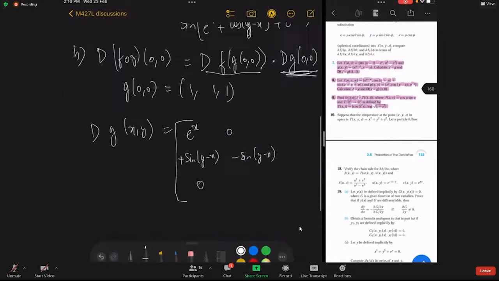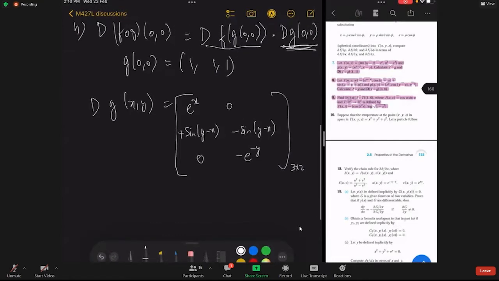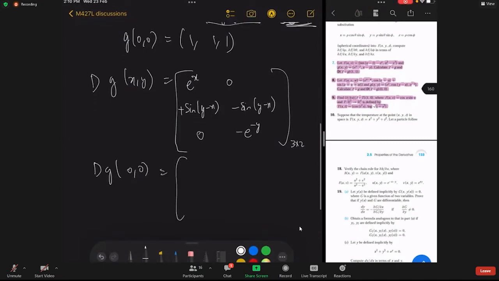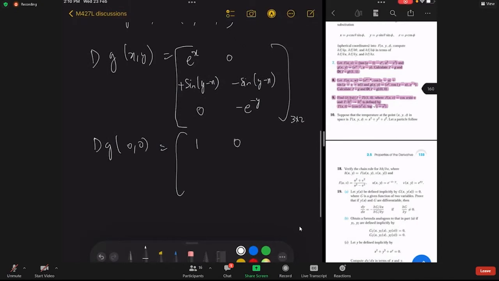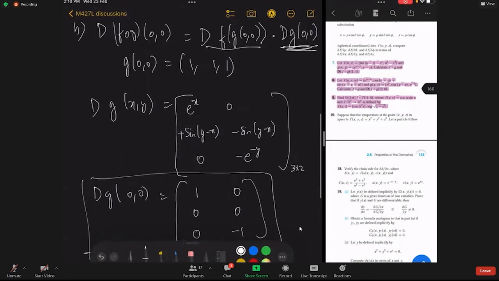And if I differentiate with respect to y, I get minus e power minus y. So this is a 3 cross 2 partial derivative matrix. Now let's find the same thing at point 0, 0, because that's what we're interested in. If I substitute x equal to 0 and y equal to 0, I get 1, 0, 0, 0, 0, minus 1. So you have one of the matrices here.